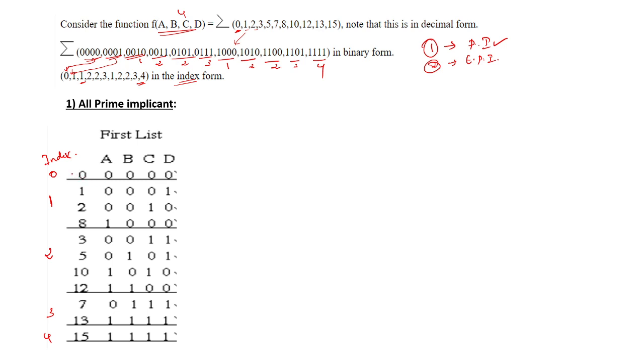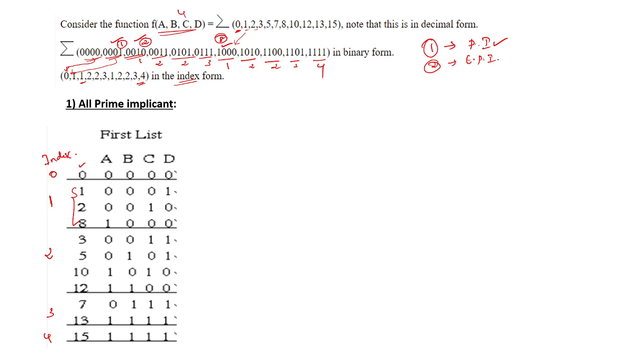Under index 0, only the 0 min term is present. Index 1 has these three: min term 1, min term 2, and min term 8 come under index 1. So first we group according to the value of index, and next we check for a 1 bit change between the index min terms.